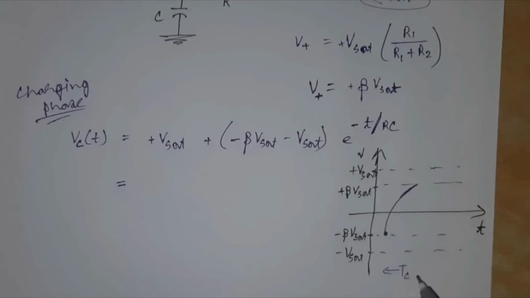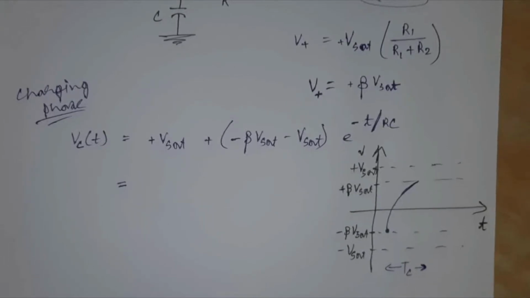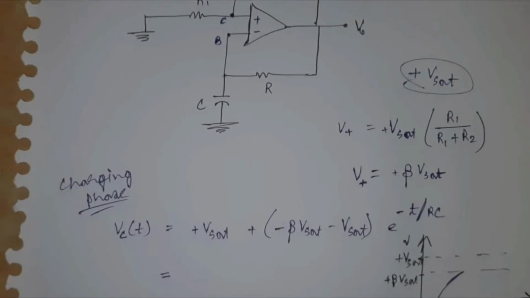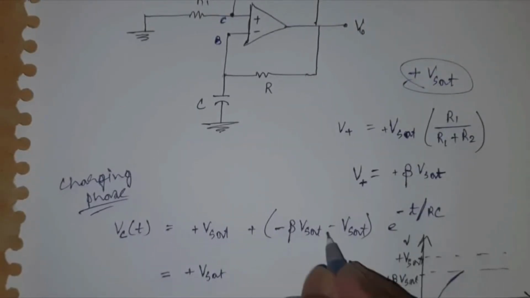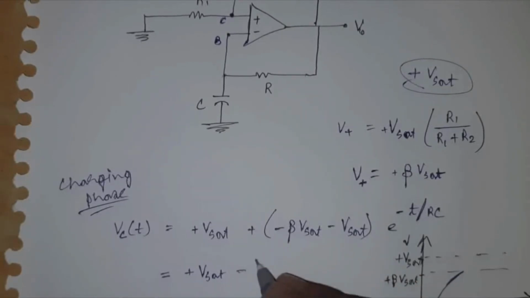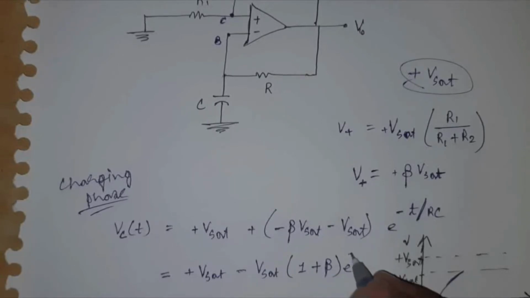So let us calculate what this charging time, denoted by TC, comes out to be. Just simplifying this equation, this minus sign we put out, and we will also take out V sat common. So this will be 1 plus beta e to the power minus t by RC.